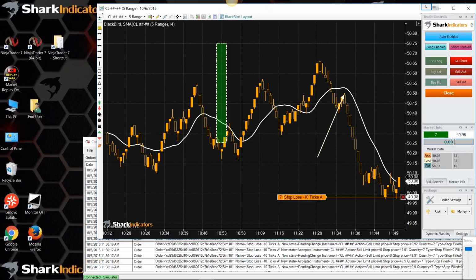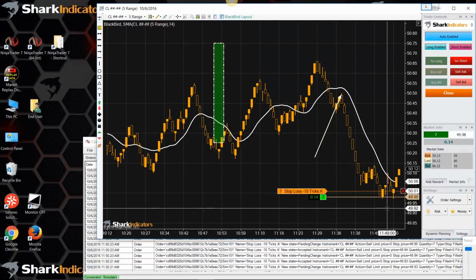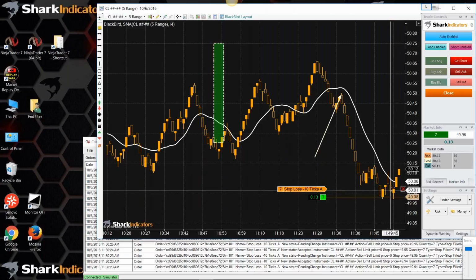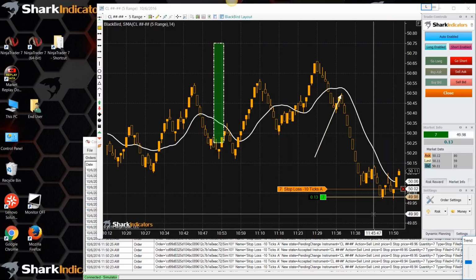So we just reached 10 ticks, and you see our stop loss was at break even. And as price ratchets higher, it's just staying at a 10 tick trailing stop loss. All right, pretty simple.